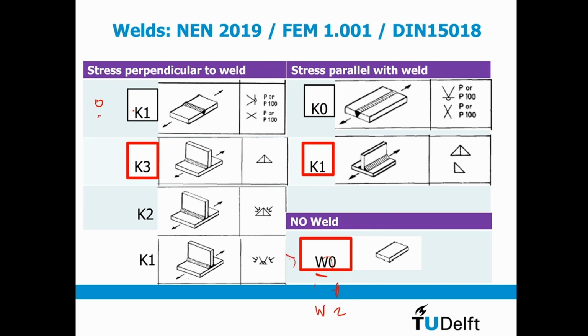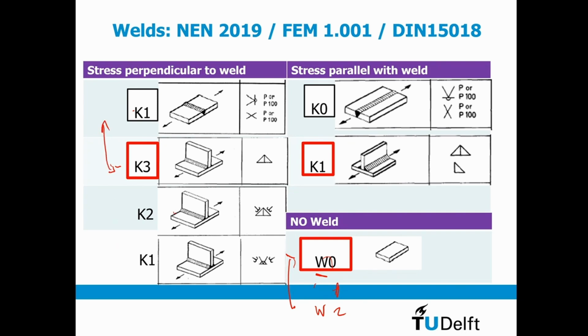Yeah, so there is some classification also in the W direction, but for welds you can see that depending on the stress variation, I get a lower class depending on the stress direction. And you can see also here, if I improve my quality, I can go up a class.